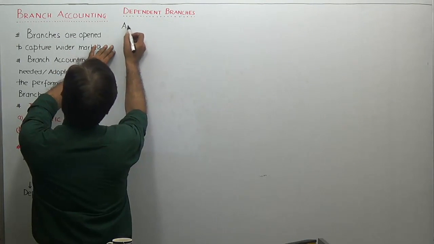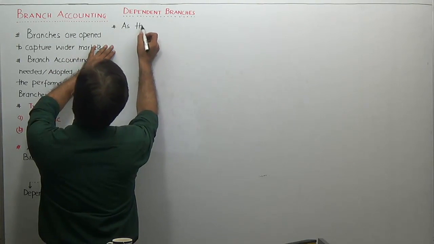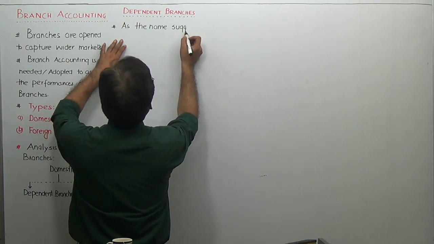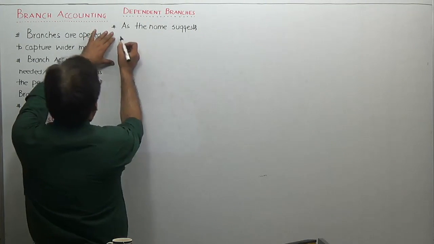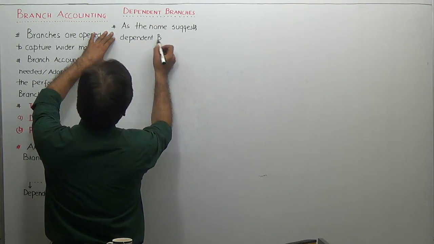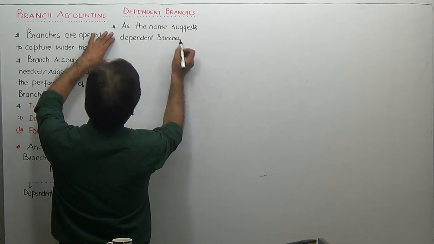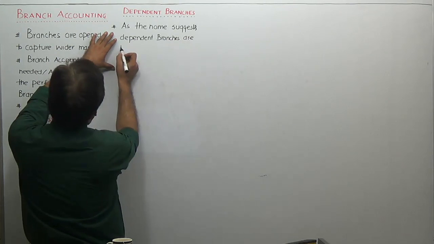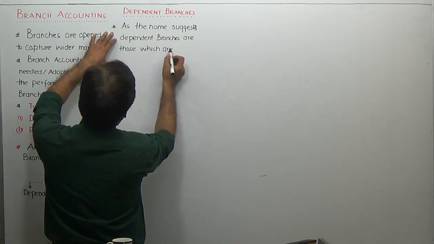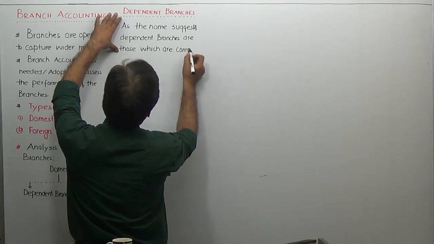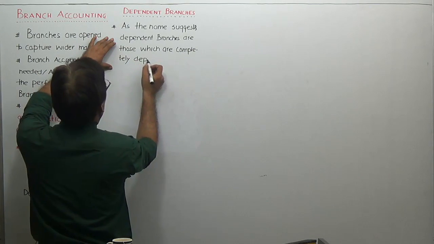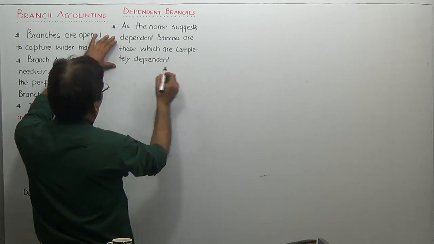As the name suggests, dependent branches are those which are completely dependent upon head office.